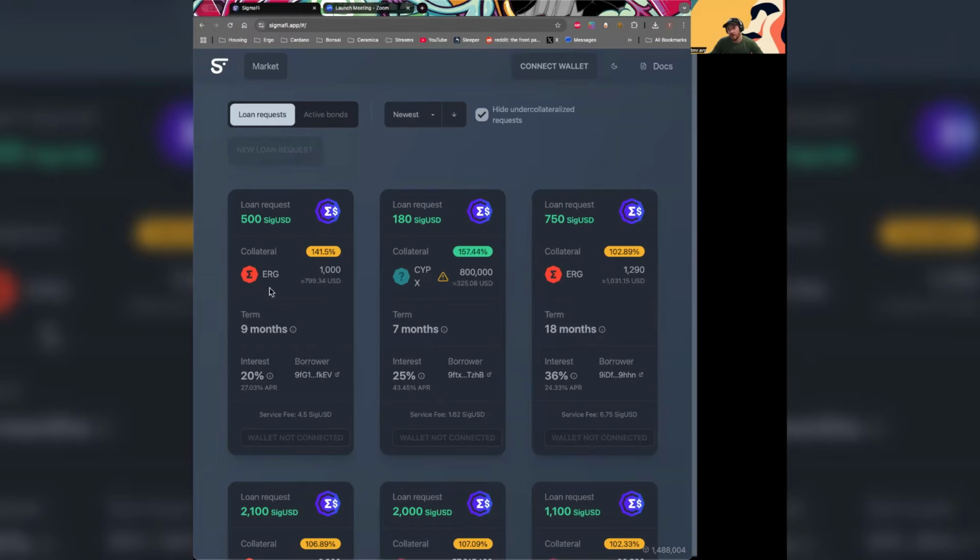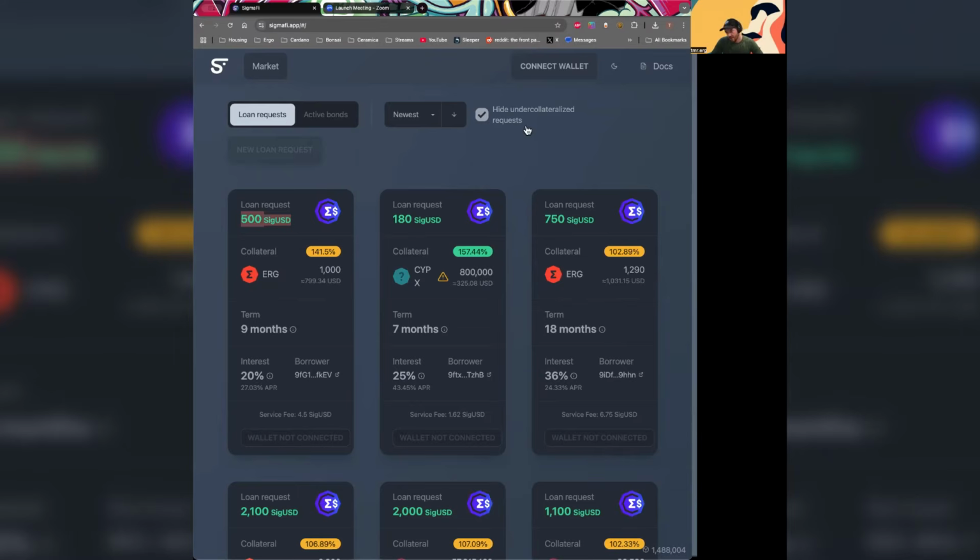So pretty much, if you want to make a loan request, you can click this button here, and you're going to be able to ask for, let's say you want 500 SigUSD, and then you're going to put up collateral of your choosing.